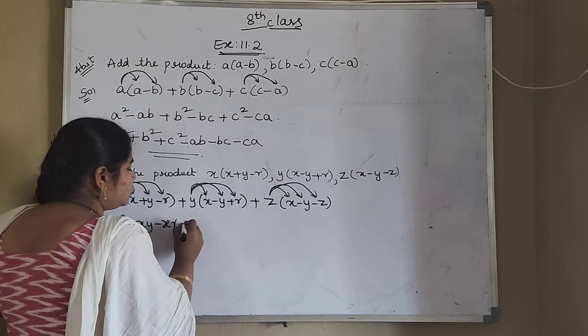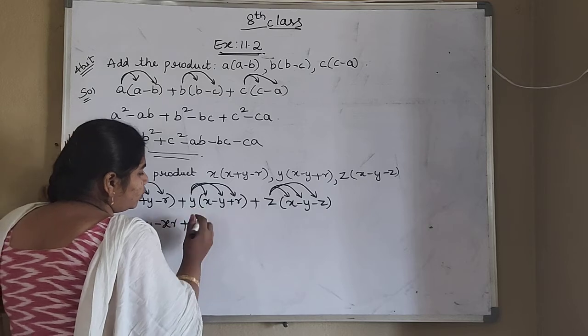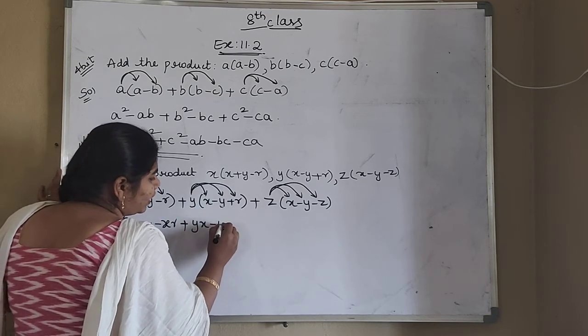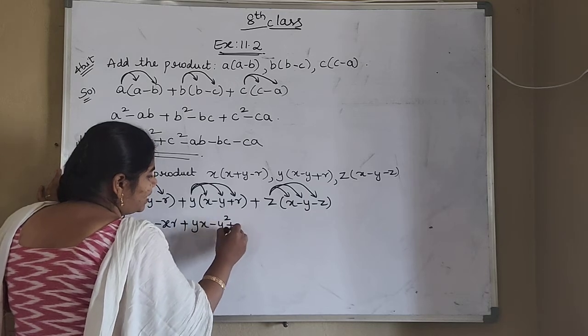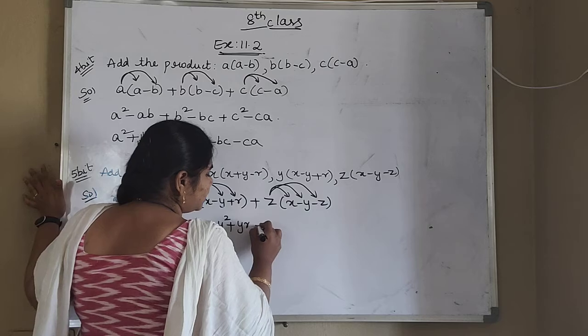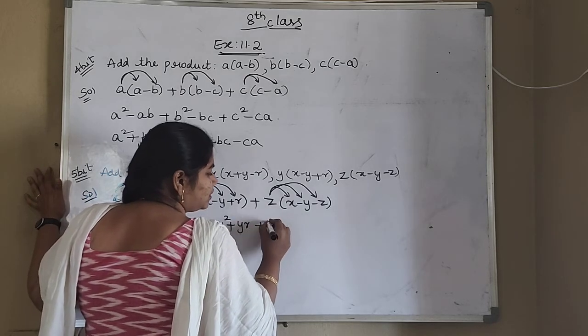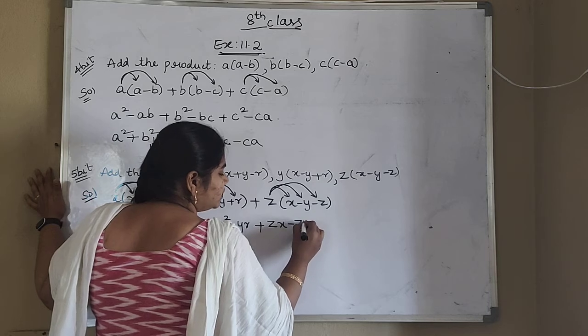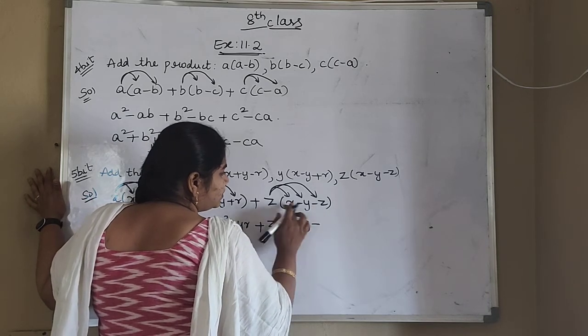Now here plus is there, so keep it as plus. y into x, yx minus y into y, y square plus y into r, yr. Now here plus is there, so plus z into x, zx minus z into y, zy minus z into z is z square.